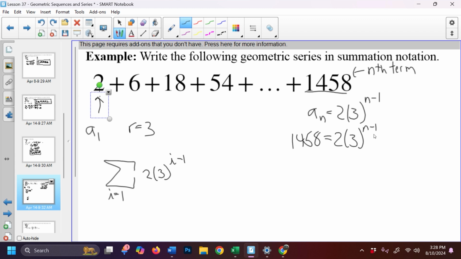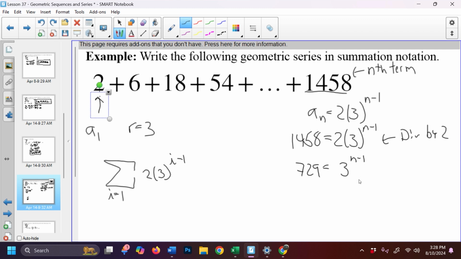Now I know we haven't solved one of these for a while. We did a bunch of trig, but right before we did trig, we were solving exponential functions. So let's remember back. And the first thing I'm going to do is I'm going to divide by 2. 1458 divided by 2 is going to be 729. So I have 3 to the n minus 1.